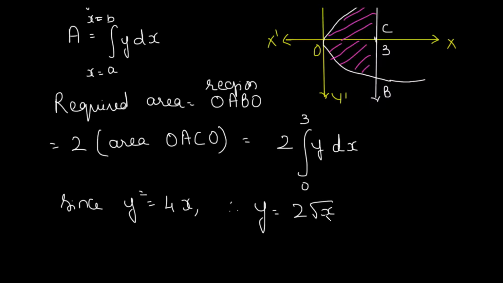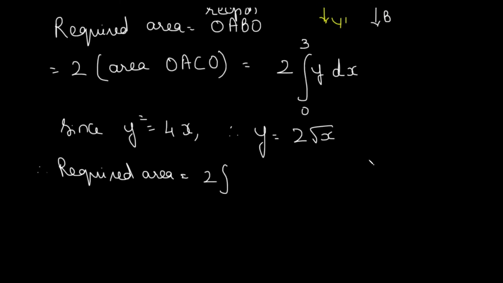And since the area lies in the first quadrant, it is positive. So therefore, the required area is equal to twice the integral. Now y is equal to 2 root x.